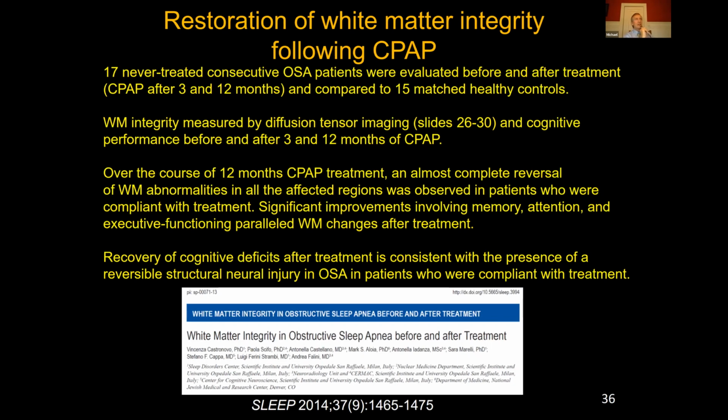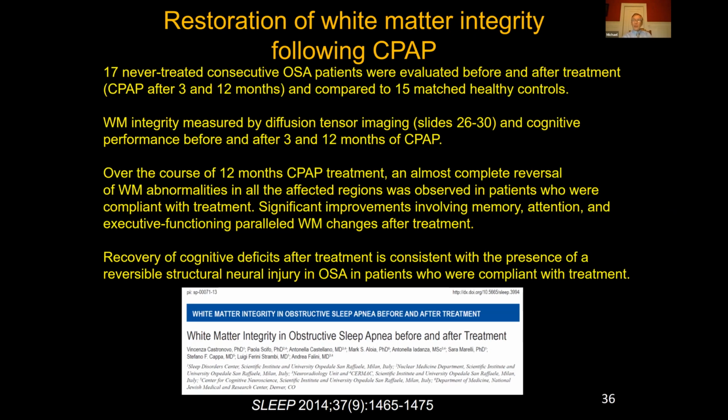There's actually a little bit less white matter, and it's less well perfused according to the MRI literature, so it's more challenging to measure. But nonetheless, this group looked at 17 never-treated sleep apneics before and after treatment with CPAP. CPAP was administered for 3 months and 12 months, and then this MRI data was compared with 15 matched healthy controls.